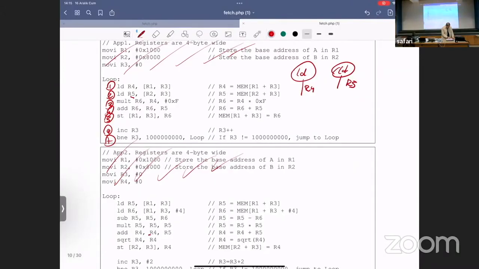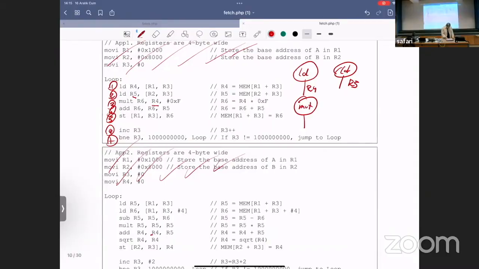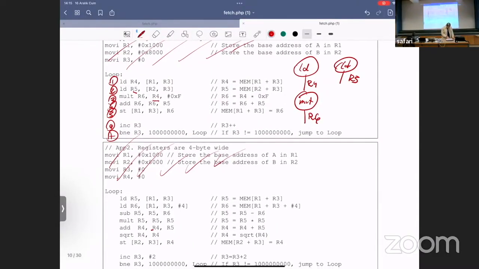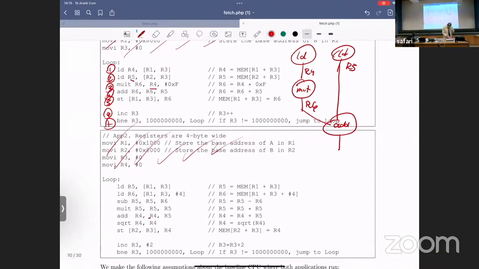Then you have a multiplication operation that depends on R4 and a constant, and produces R6. Then you have an add operation that depends on R6 and R5. And then you have a store operation of this R6.